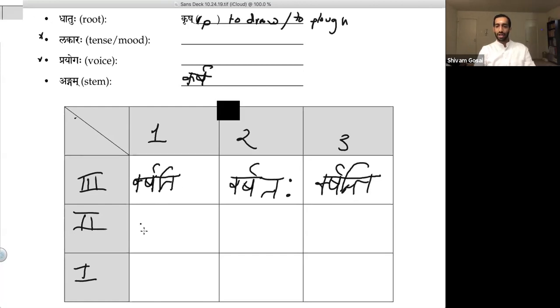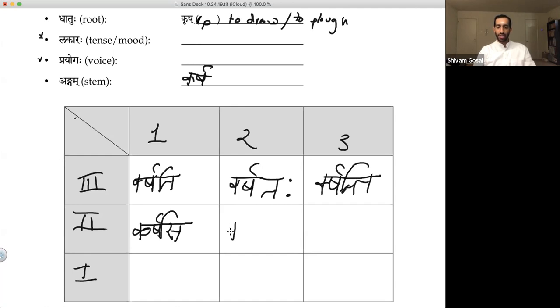Now we have karsha plus si. Karsha, si. Right? It's as simple as adding the two, karsha and si. So if I want to say you draw, I would say tvam karshasi. You draw. Okay? Now we have madhyama purusha dvivachanam.